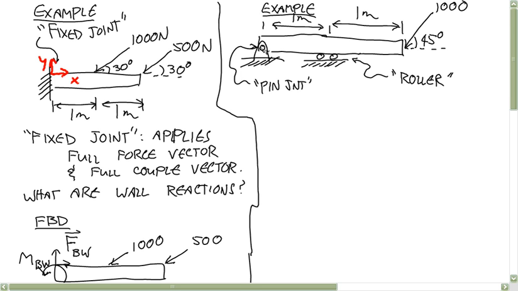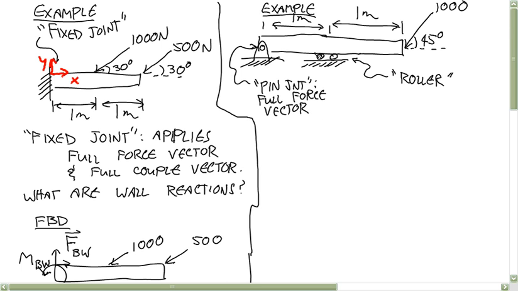The pin joint lets any rotation happen, right? So it's not going to apply a couple, but it doesn't let this beam translate this way or this way. So this pin joint is going to apply a full force vector to the body.